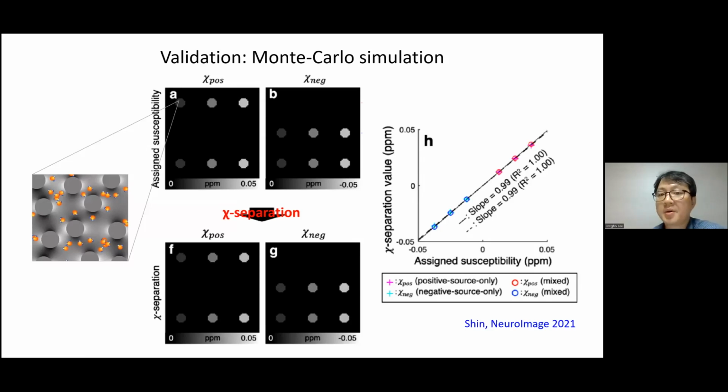We mixed them together and then generated the frequency shift and R2 prime result by computer simulation. From these two results, we applied the chi separation, successfully generating a source-separated result with the correct quantification, as shown on the plot on the right.